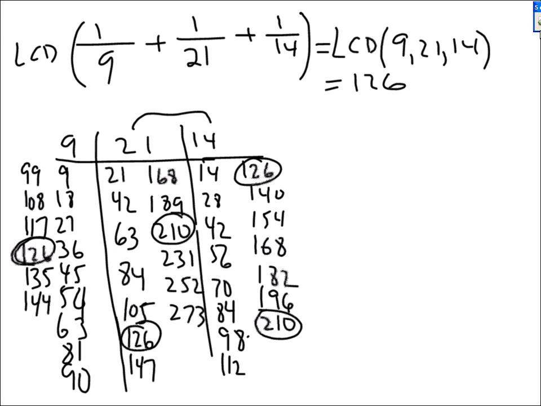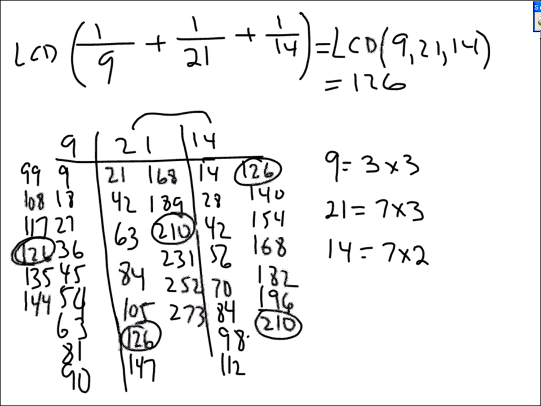An easier way of doing it is to say that 9 is 3 times 3, prime numbers. 21, that's 7 times 3. 14, that's 7 times 2. The LCD, the LCM, is going to equal, well, first I see 3. 1, 2 3s, 1 3, no 3s. The winner is the 2 3s.